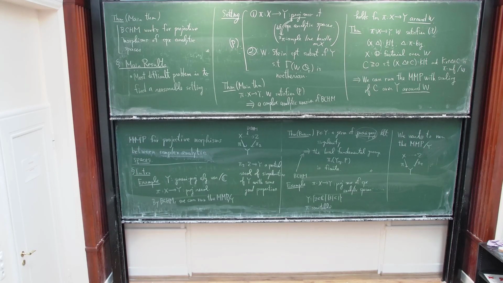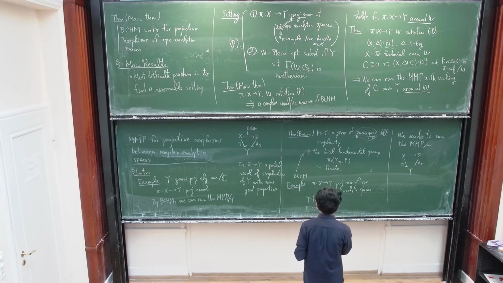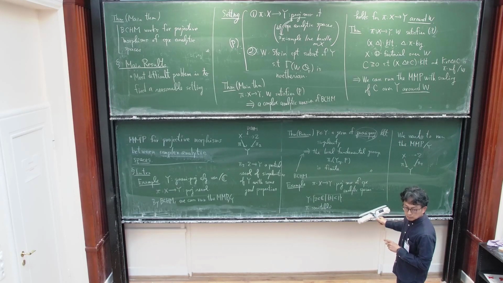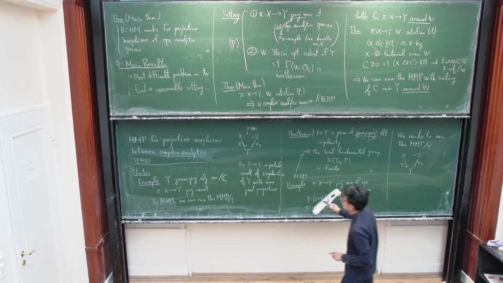Is the end product of the MMP still Q-factorial? Sorry, the minimal model program? Yes, you run the minimal model program and you get to the minimal model. Over W, the minimal model is still Q-factorial. Yes, of course.